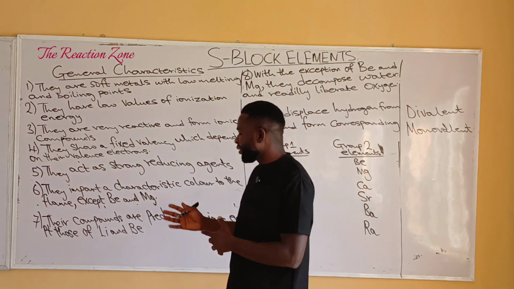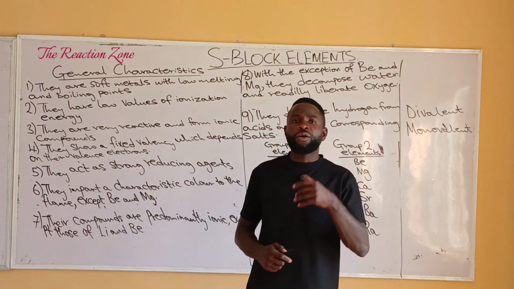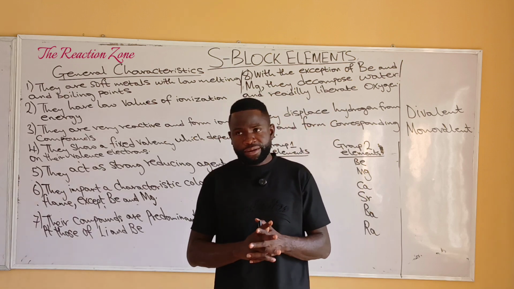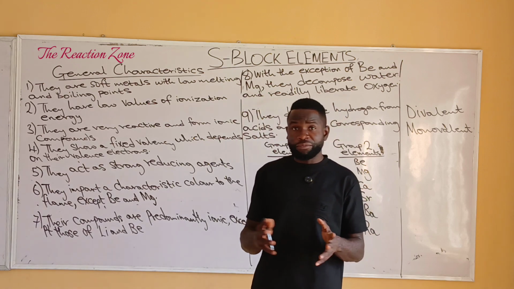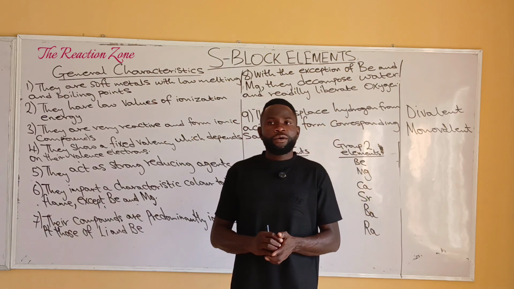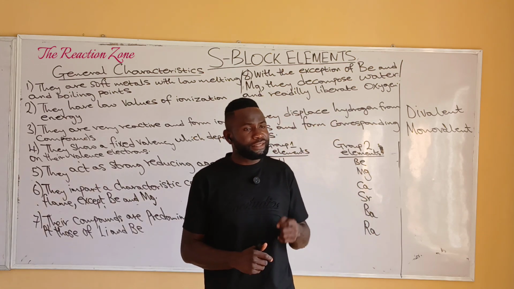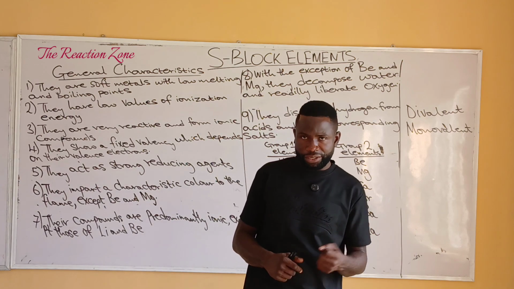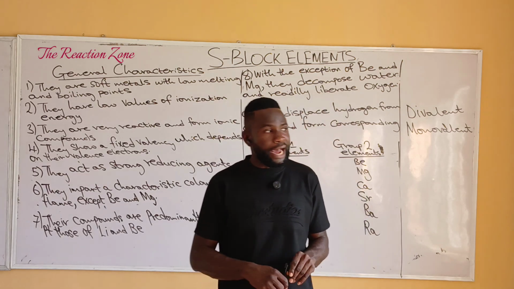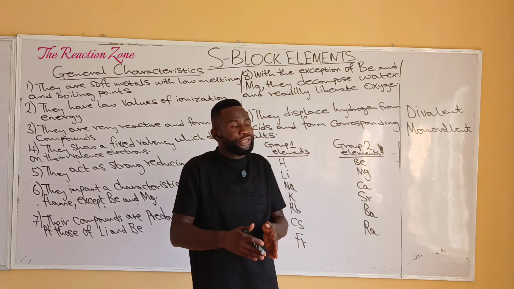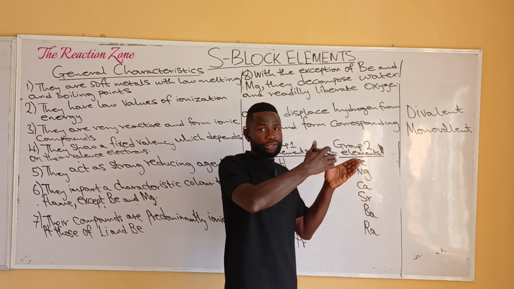Before we look at the exceptions, let us look at what happens when a metal is subjected to the flame test. When a metal is subjected to the flame test, what happens is that the electrons absorb heat energy from the flame and move from a lower energy level to a higher energy level.